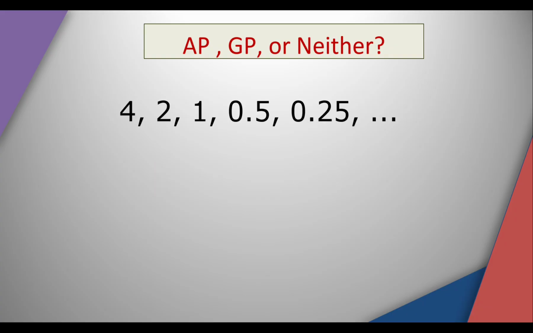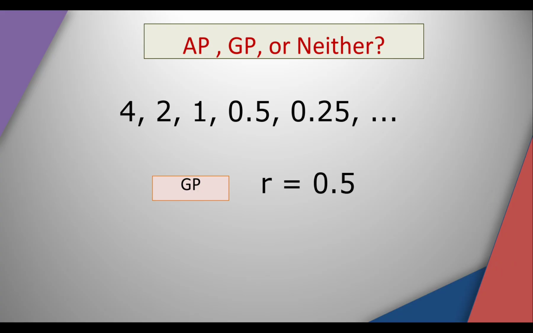Next, 4, 2, 1, 5 tenths, 25 hundredths, and so on. Would this be AP, GP, or neither? Go. And the answer is it is a geometric progression. Again, if it is a geometric progression, what would be the common ratio?